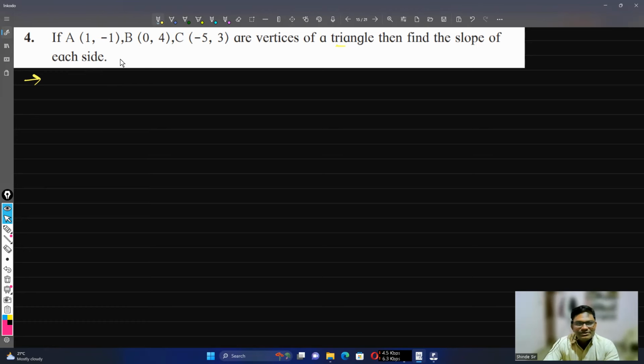And one thing we must remember, that since these three vertices are the vertices of a triangle, whatever sides will form, they will intersect each other. Since they intersect each other, AB, BC, and AC will intersect one another.